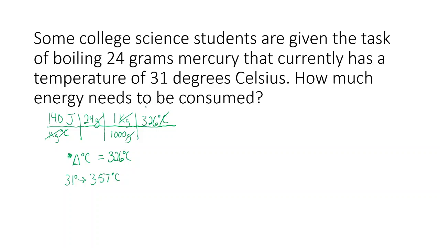Now we should be in business. 140 times 24 times 326 divided by 1,000 gives us 1,095.36 joules. Okay, that sounds more reasonable, because we're not dealing with pounds of mercury. So this sounds more like it ought to be. I'm glad I double checked there.